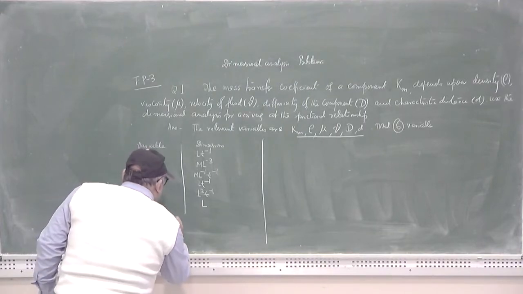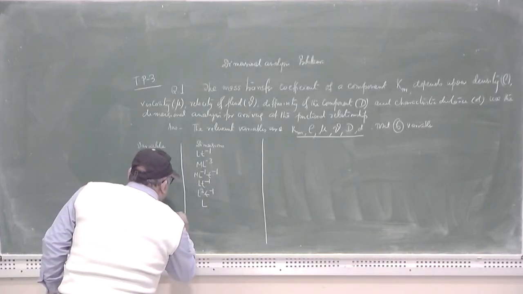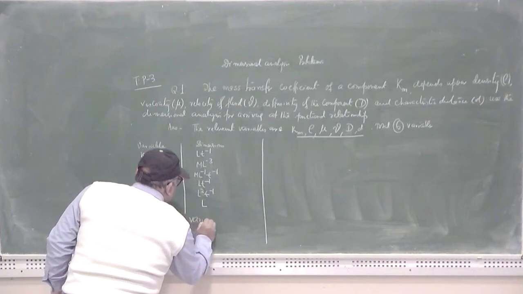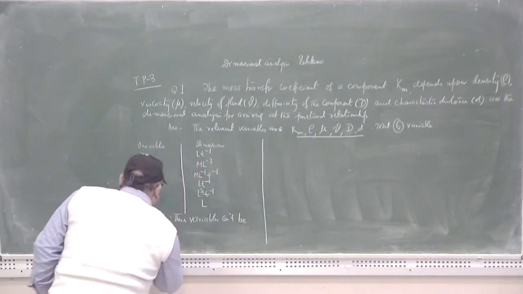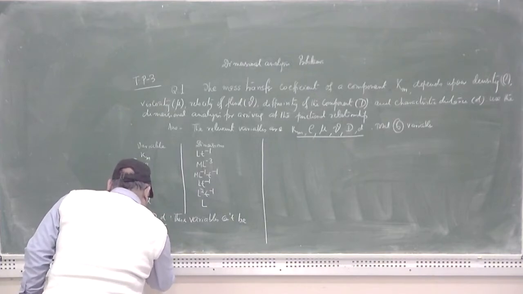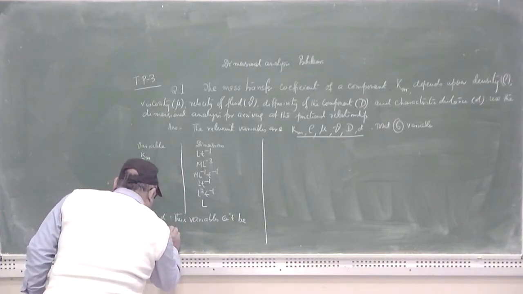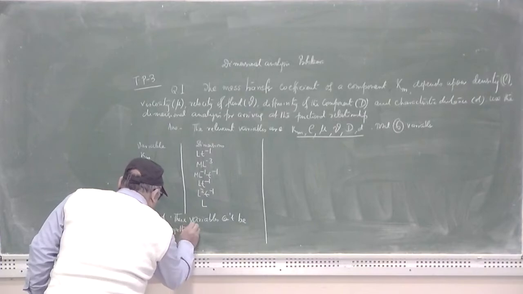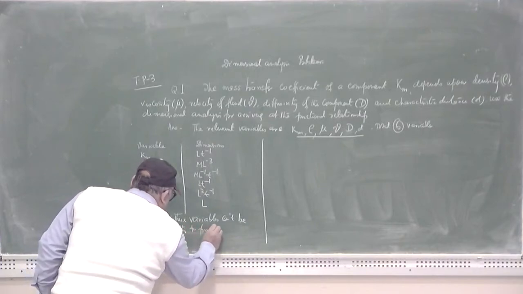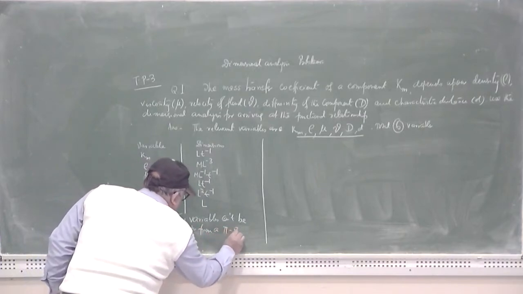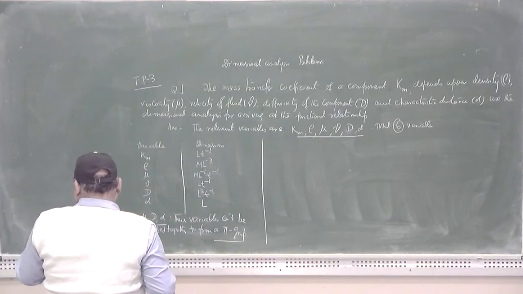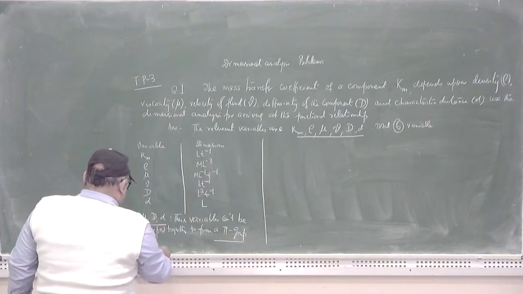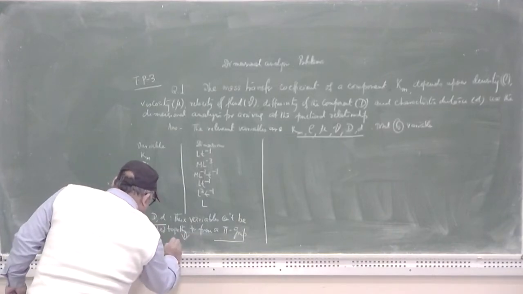These variables cannot be grouped together to form a pi group or dimensionless group. So, these variables can be regarded as the primary variables here.